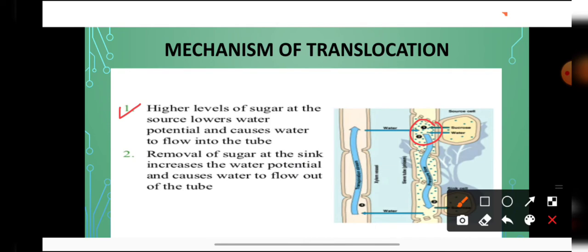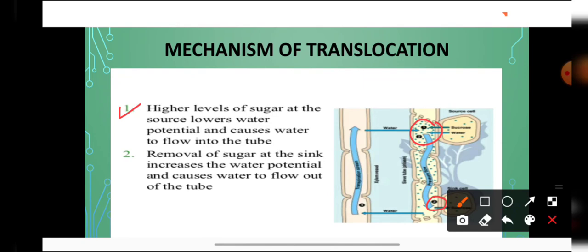And what is happening at the sink region? Sink regions are the parts where this glucose is either stored or used for the growth purpose. So here glucose is being removed. So water potential increases. So it will cause the flow of water out of the tube. So this is the mechanism of the translocation.